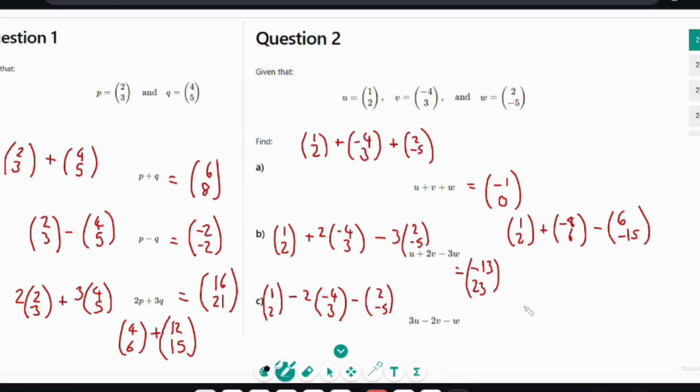Again, I'm just going to simplify that first. We've got 1 minus -8 minus 2 is 7. 2 minus 6 minus 5, -9.